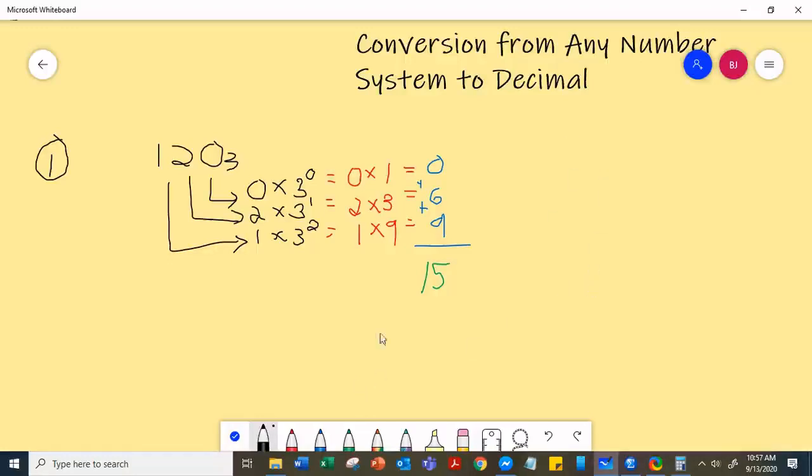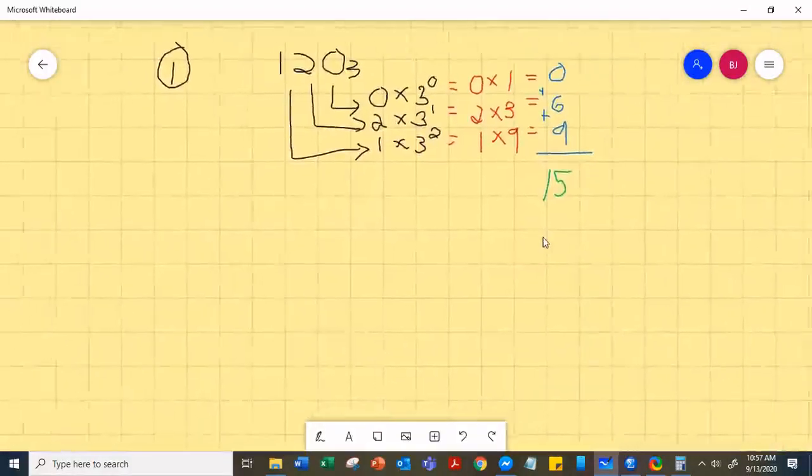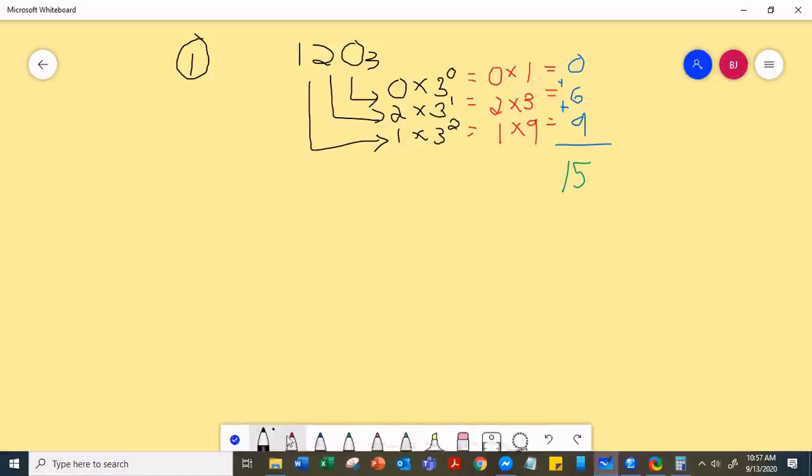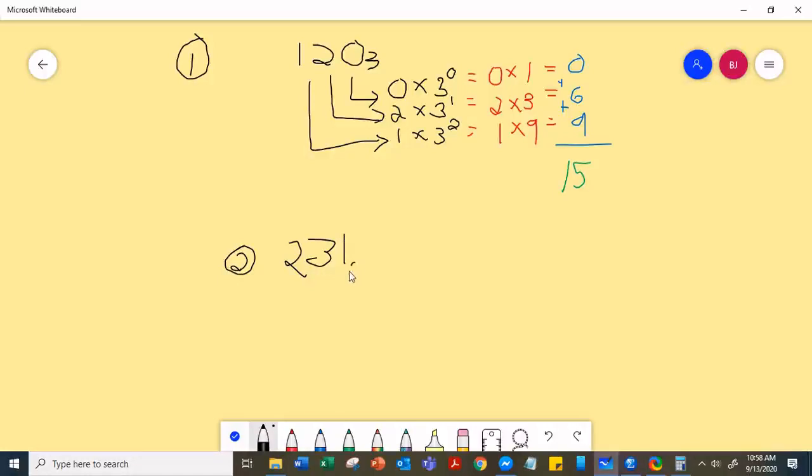Let's use a different example. This time, let's use base 4. So base 4 has 4 symbols, 0, 1, 2, and 3. Let's have a 3-digit base 4 number. So 2, 3, 1, base 4. Let's try to convert this to decimal.